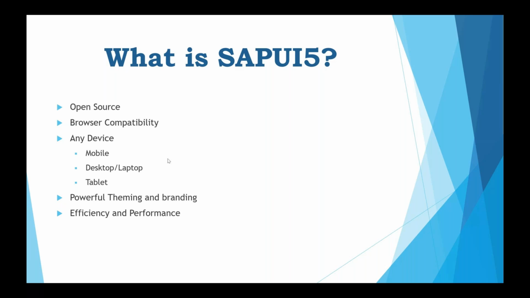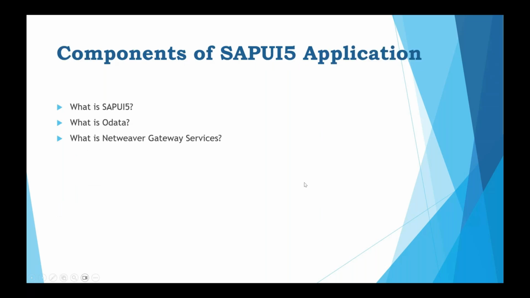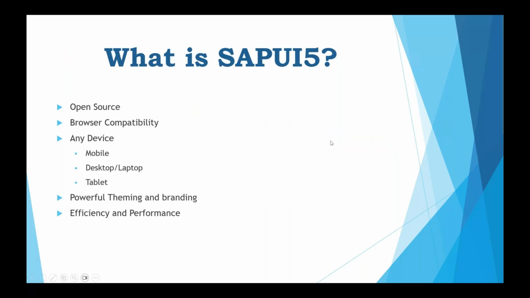This is the guideline of SAP Fiori, which is why we use SAP UI5 technology to develop SAP Fiori applications. It also has powerful theming and branding, and good efficiency and performance. Any questions, guys?